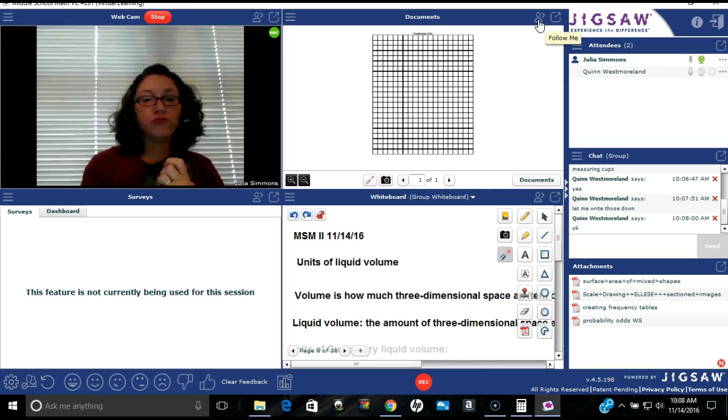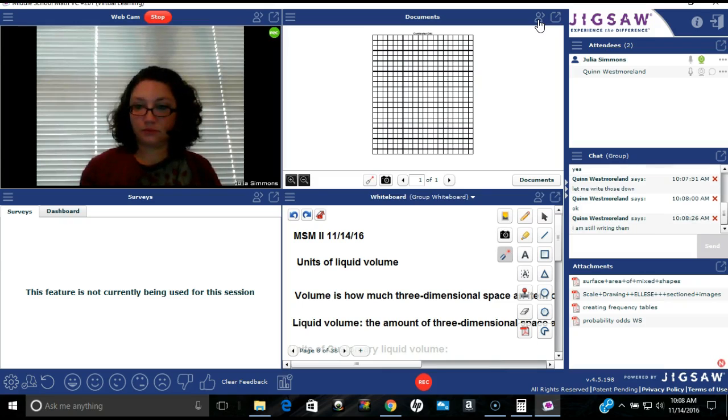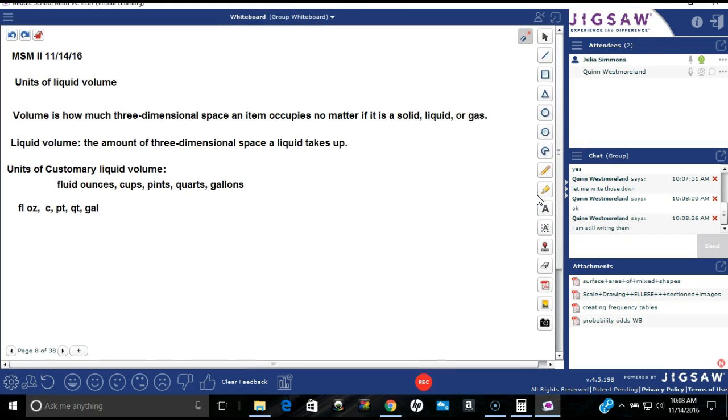So if you're measuring liquids in fluid ounces, what do you think you could compare it to? Oh, okay. Let me make this bigger, and I'll be right back. I'm going to grab something so you can see what I'm talking about.